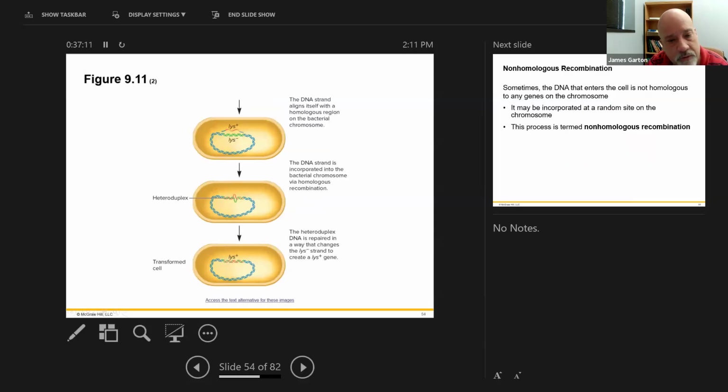But that allows these to homologously align, and you can basically find these little mismatches. And then using a variety of repair mechanisms, the cell switches this lysine minus gene, which was native to the recipient, to a lysine plus gene, which is what got transformed into the cell.